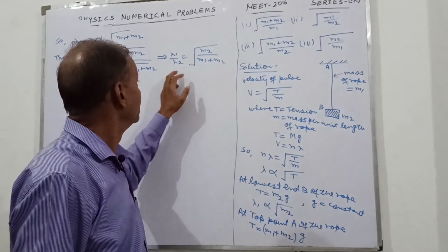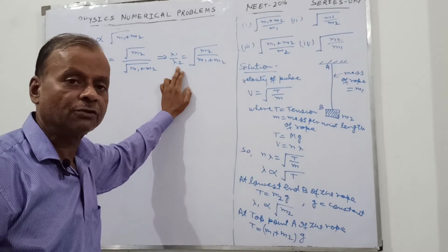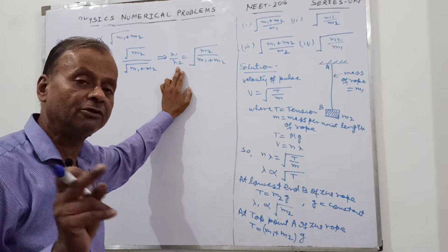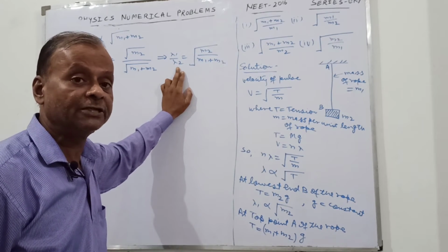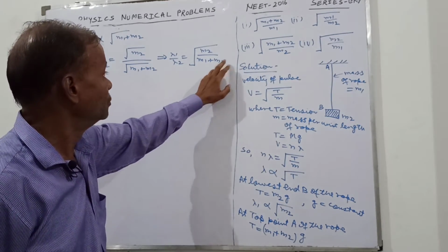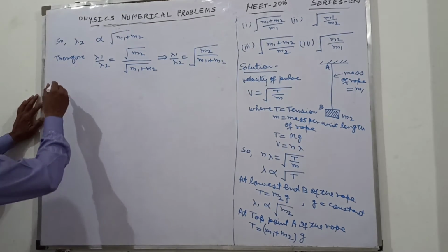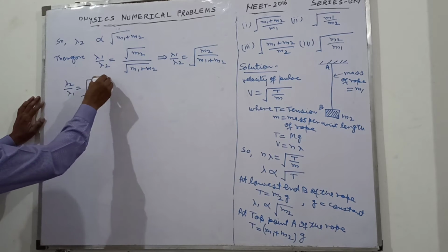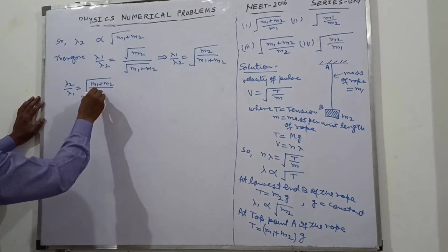It means that lambda 1 upon lambda 2 is not to be found out. So what is wrong in the question? It must be the ratio lambda 2 upon lambda 1. Then lambda 2 upon lambda 1 equals square root of (m1 plus m2) upon m2.